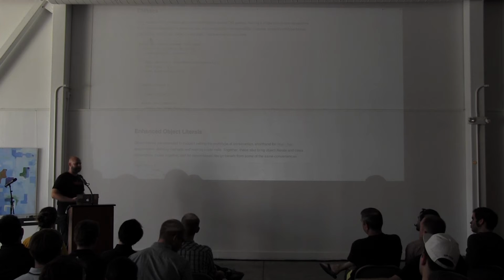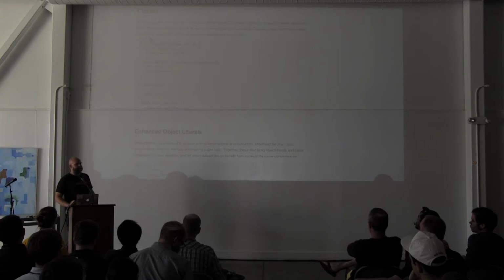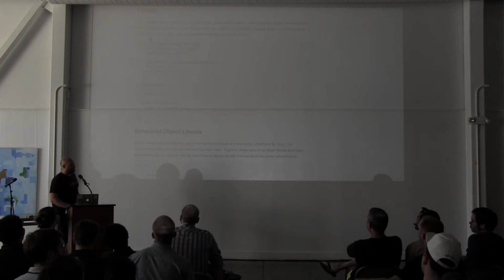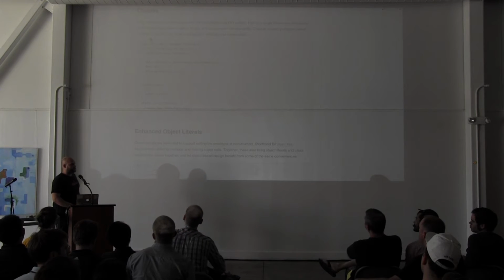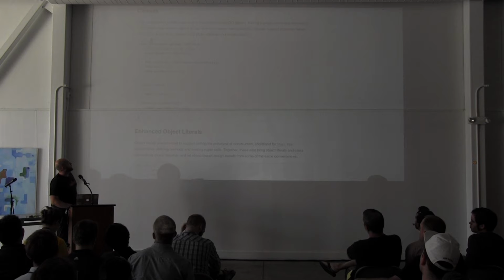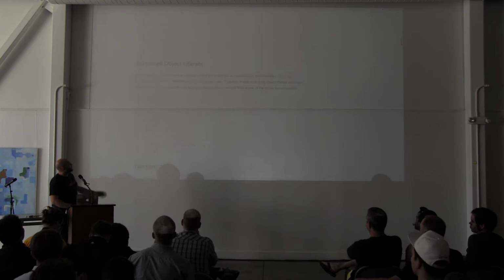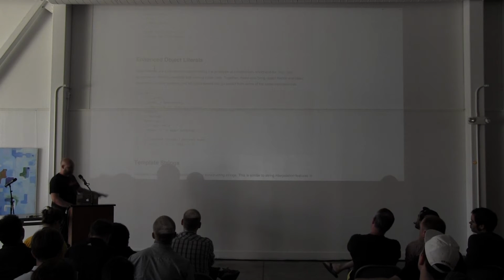I can call super, I can subclass easily without a lot of boilerplate. I can have mix-ins. That was one of the first things that attracted me about Ember. But a lot of these things are coming to the language finally. So we're going to have a nice class syntax, and it's going to have super support as well. So that's fantastic. There's also a bunch of cool little enhanced object literal stuff.